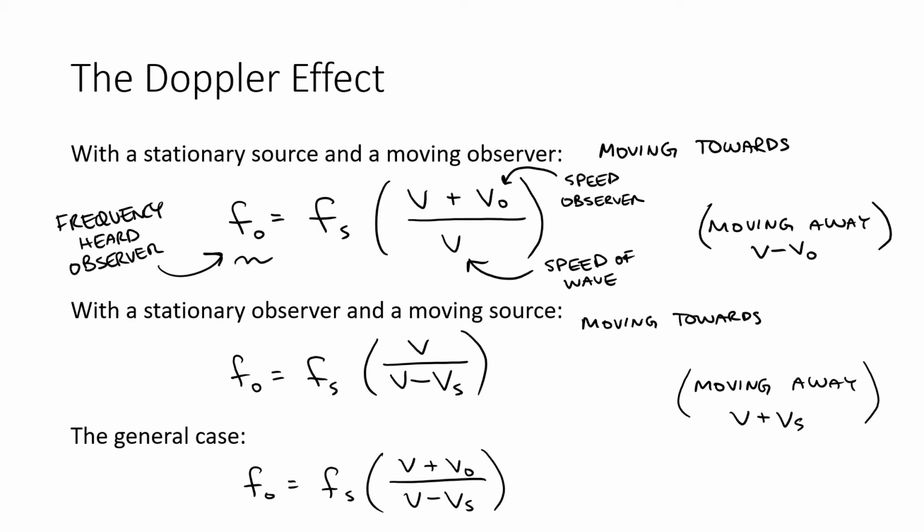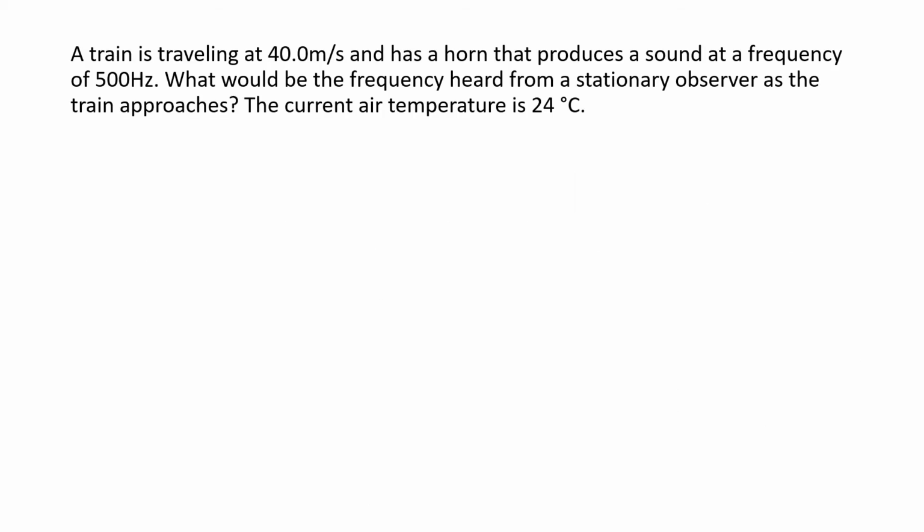Okay, let's do an example of the Doppler effect. Real brief one. So I have a train that's moving at 40 meters per second, and it has a horn that produces a frequency of 500 hertz.